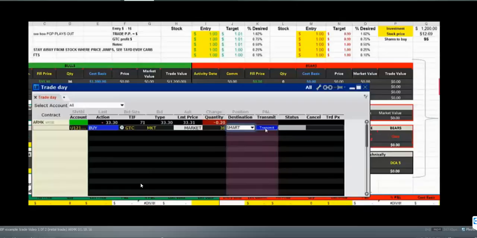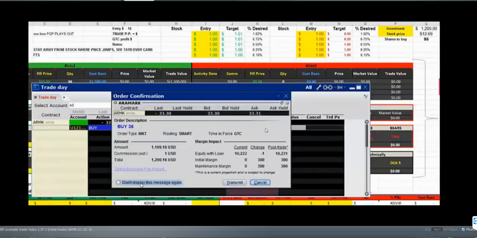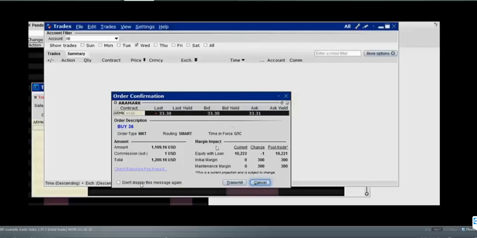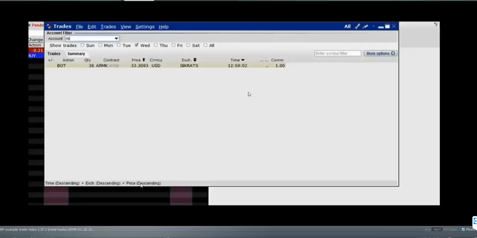I'm going to get ready to transmit this. We're at 33.30 still. It brings up a window for the order confirmation, confirming that I'm going to buy 36 shares at market, and we're going to go ahead and hit transmit, and we are done with this trade.